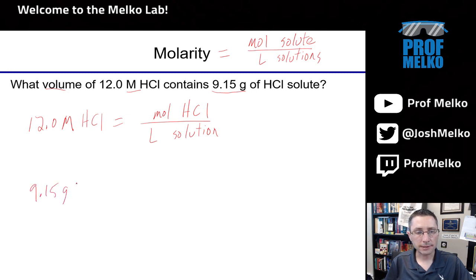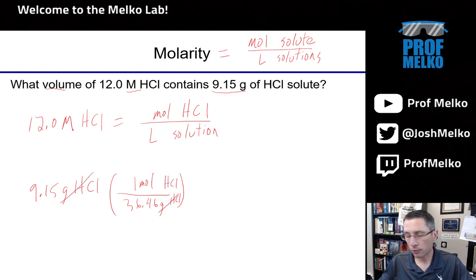I use the molar mass, 36.46 grams per 1 mole. This converts 9.15 grams into moles, and I get 0.251 moles HCl. Okay, so this goes in the numerator up here.